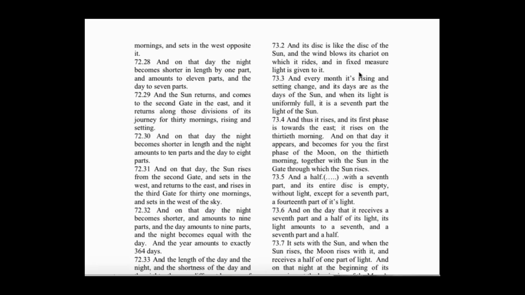And every month its rising and setting change, and its days are as the days of the sun, and when its light is uniformly full, it is a seventh part of the light of the sun.